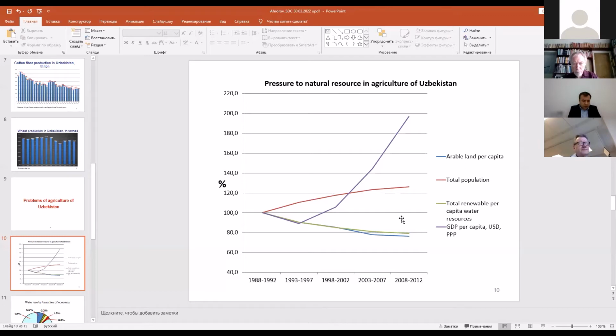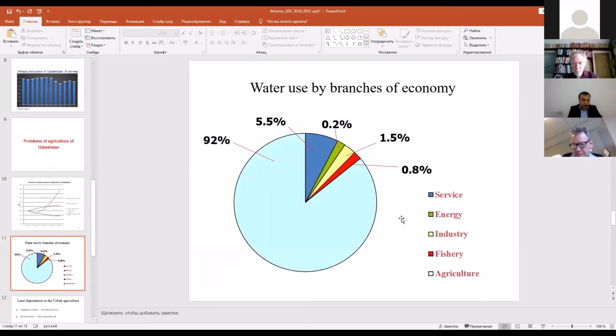Despite that we have about 24 million hectares of land available for agriculture, only 14% of them are arable, and less, about 12%, is irrigated, and the main limitation comes from water availability.